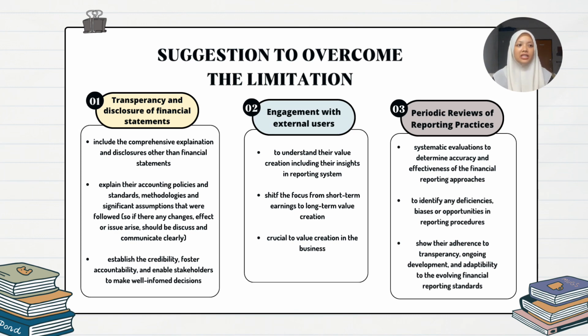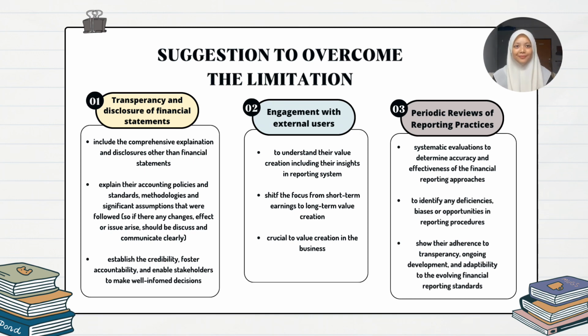If there are any changes, effects or issues that arise, they should be discussed and communicated clearly. Thus, it can establish credibility, foster accountability and enable stakeholders to make well-informed decisions based on a comprehensive understanding of the financial data.